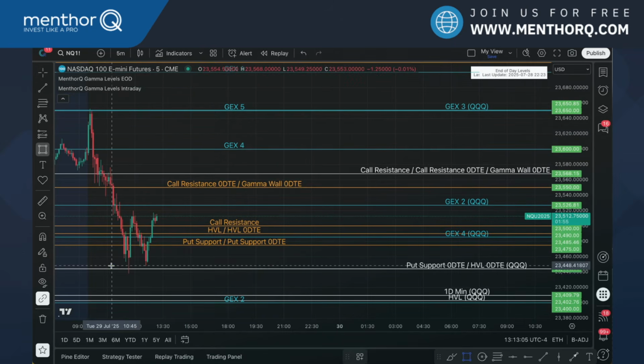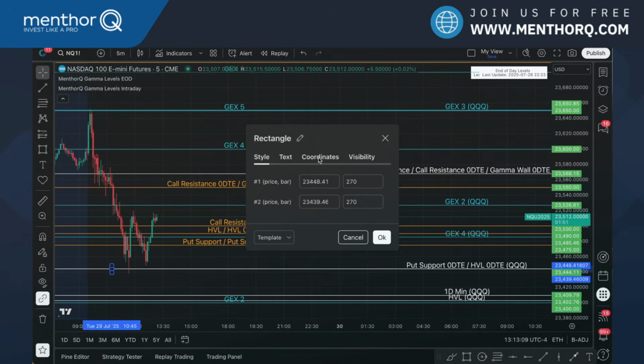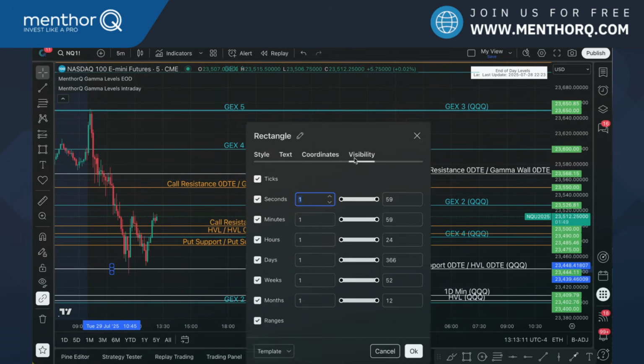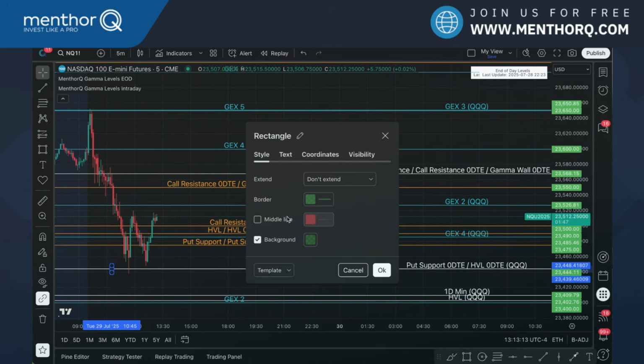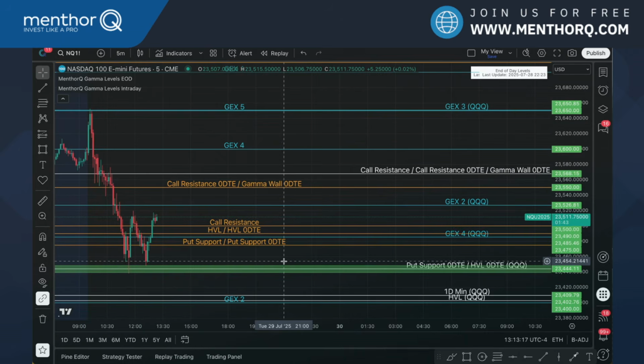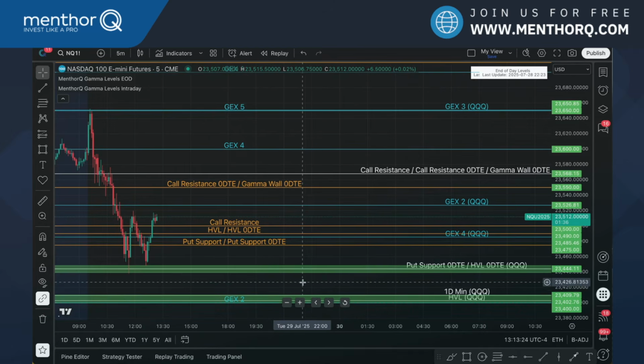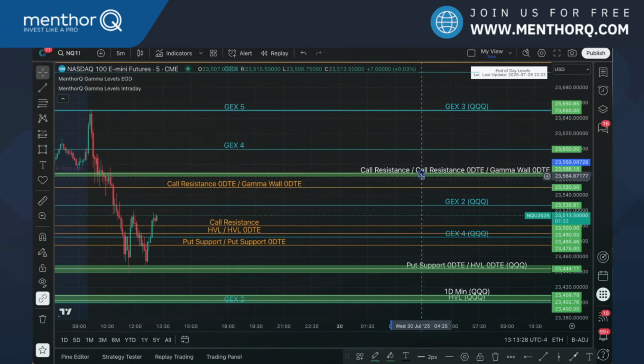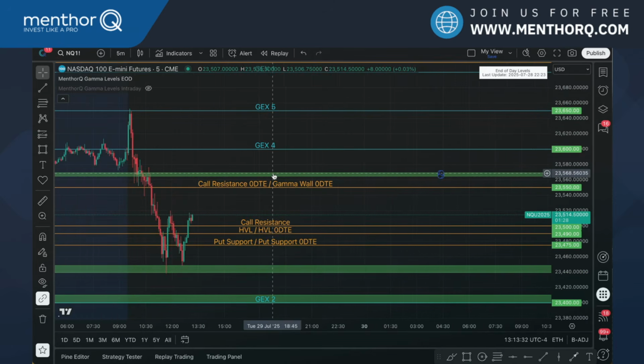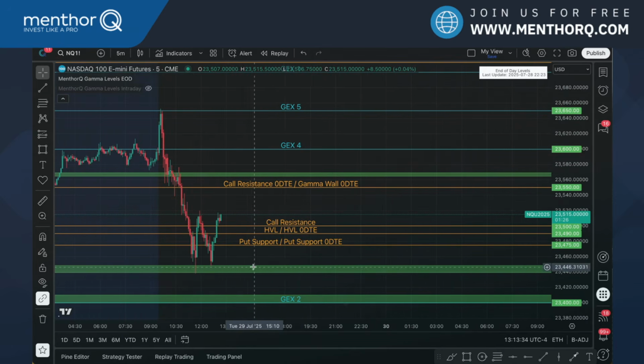So we have our intraday levels here, and we can actually draw some of our areas. We have our 1-day minimum from QQQ. We have our core resistance coming from QQQ. And now we can simply add those levels. We now have our end of day and our areas. We know something could happen.